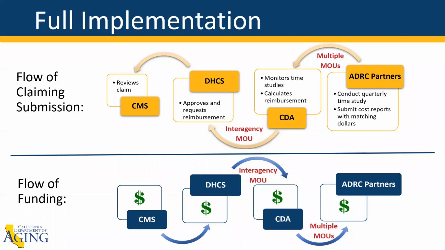And that's because as the single state Medicaid agency, DHCS is the only entity that can request FFP from CMS. So the contractual agreements really need to define the relationship between DHCS and the no wrong door system entities, as well as document the scope of activities to be performed on behalf of the Medi-Cal program.